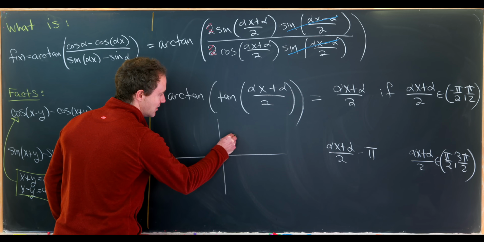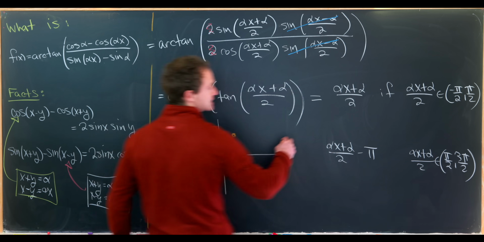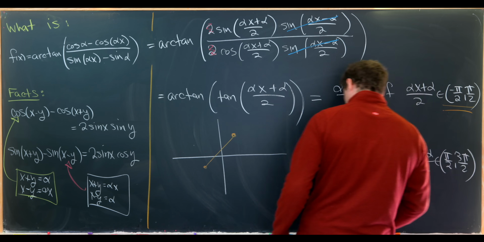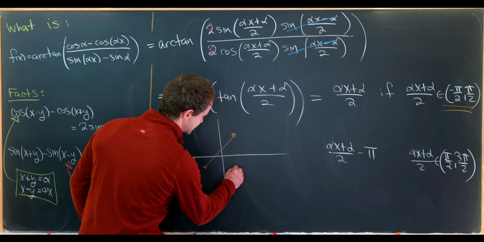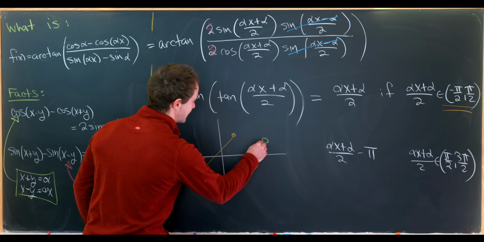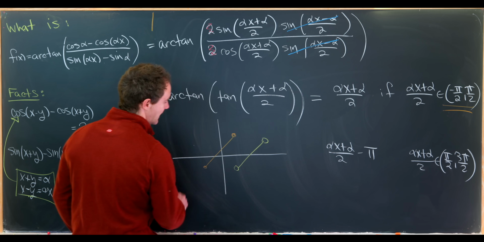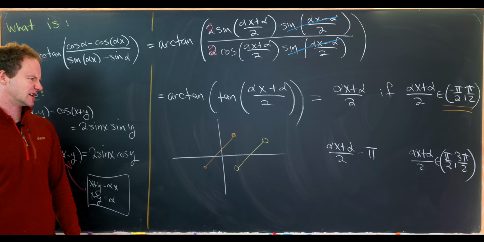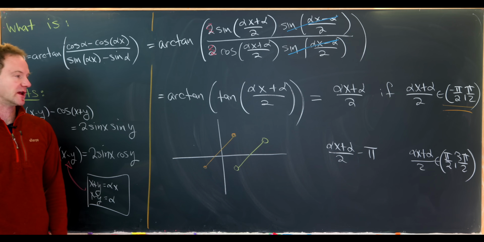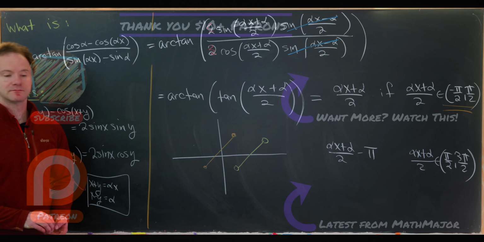So that would maybe be the graph in this first region. And then after that, you get this periodicity. So let's see, we'll have something like that for the second region, and then so on and so forth in both directions. So you get this nice sawtooth type wave. And that's a good place to stop.